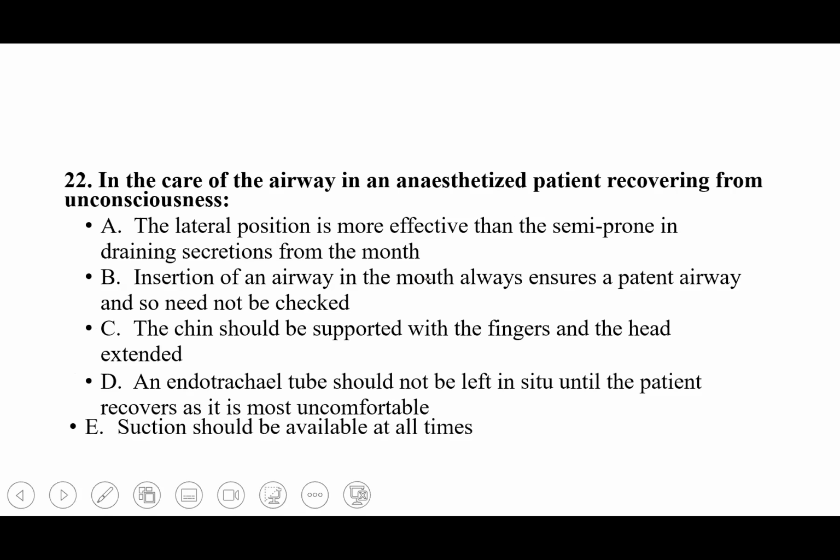In care of an airway in an anesthetized patient recovering from unconsciousness: lateral position is more effective than semi-prone in draining secretion from the mouth. Insertion of an airway in the mouth always ensures a patent airway, and so need not be checked.